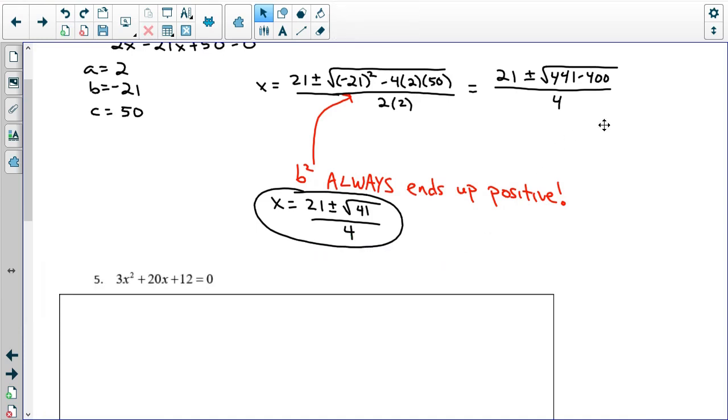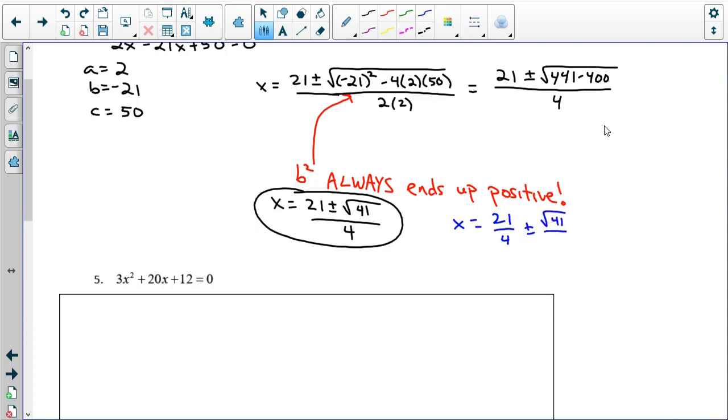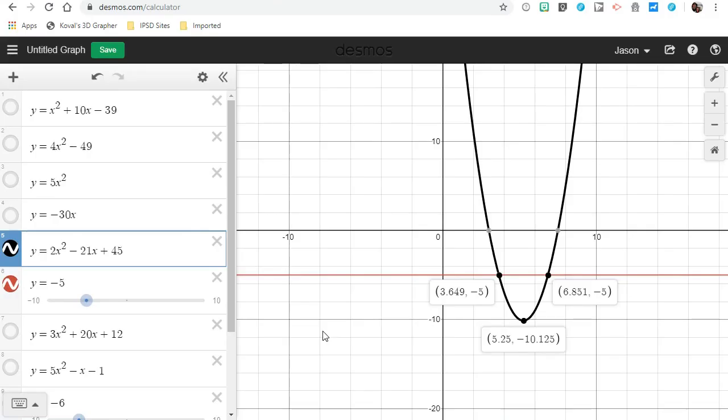We could, if we wanted to, write that as x equals 21 over 4 plus or minus the square root of 41 over 4, and that's equivalent. We can't reduce the square root of 41 at all. I ended up getting solutions of 21 plus or minus root 41 all over 4.